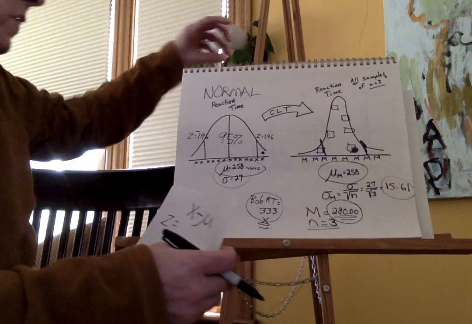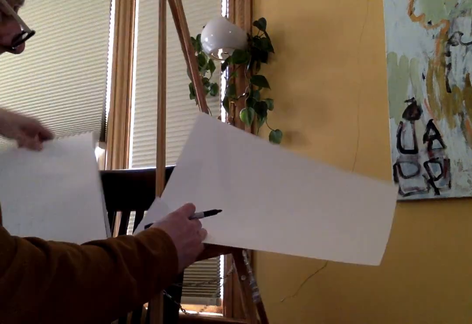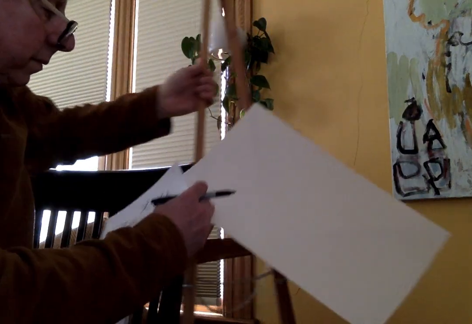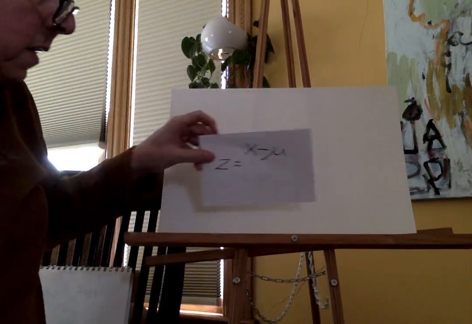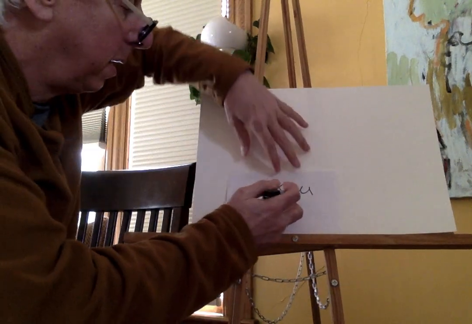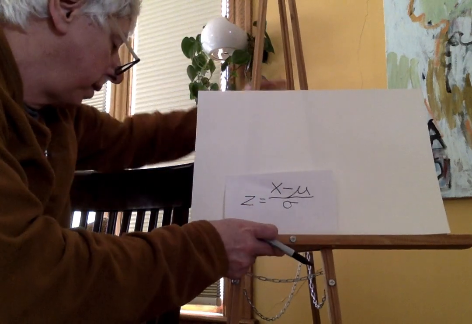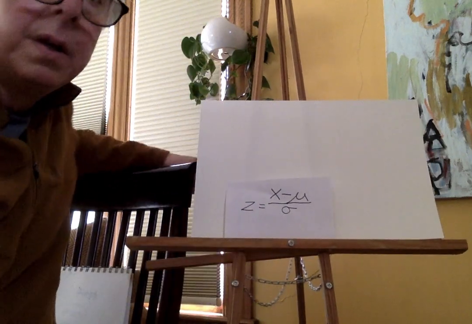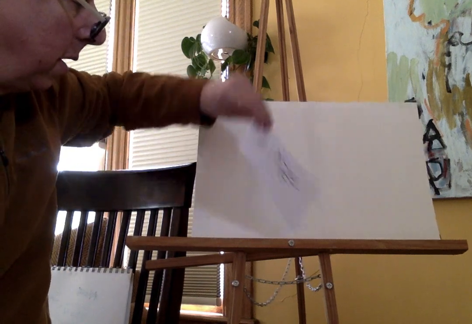I'm going to get rid of everything, it looks like. Sorry about that, folks. Take the person's score, compare it to the mean, put it in terms of standard deviation. That's old stuff, should be all review.